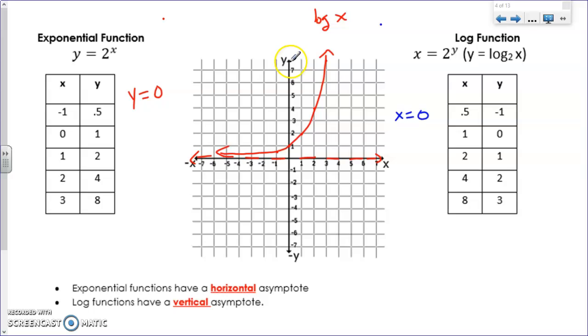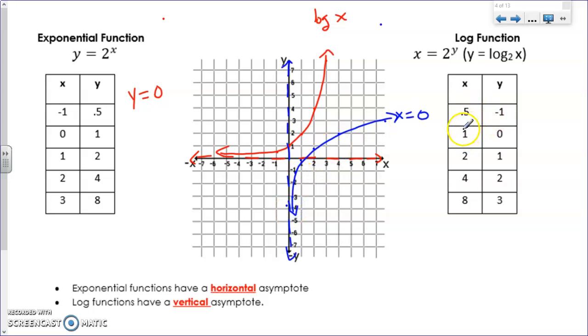So we're going to look at the blue and compare it to the red when we're finished. So a half, -1, and then 1, 0, and then 2, 1, and then 4, 2, and then 8, 3.